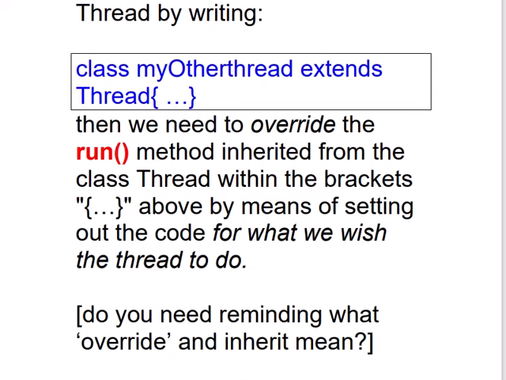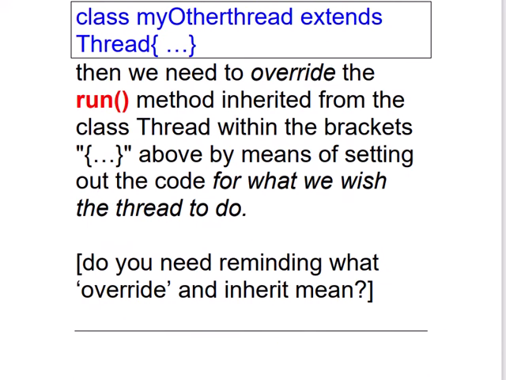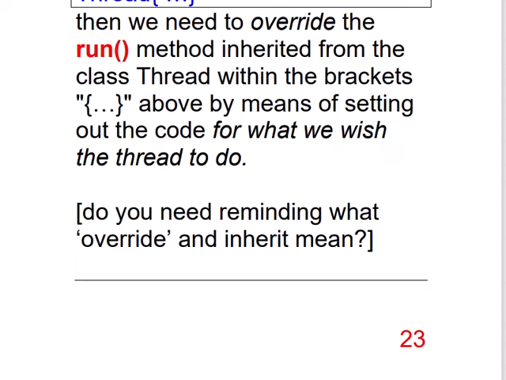Maybe it's just to print pretty pictures on my screen. Maybe it's going to handle communications with an internet server. I'm not really bothered what the run method actually involves or what the thread is actually doing. The sky's the limit, in fact.